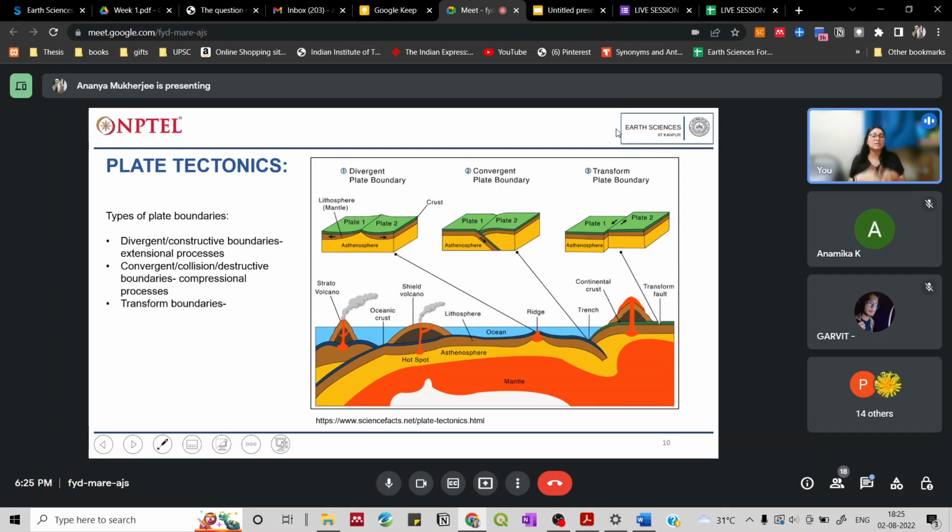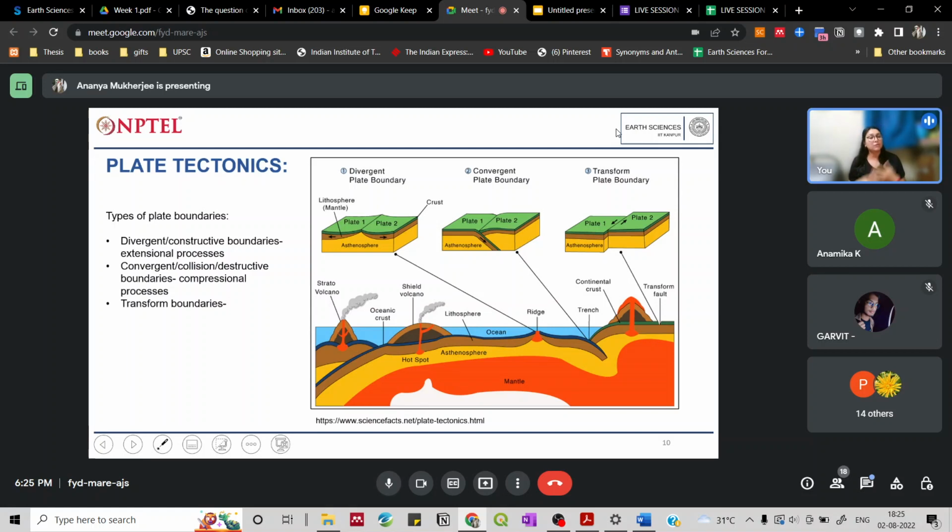This gives rise to new material from the new magma, forming a ridge there. These ridges are called mid-oceanic ridges. So the mid-oceanic ridge is one of the features formed at divergent plate boundaries, where the plates are moving away from each other.